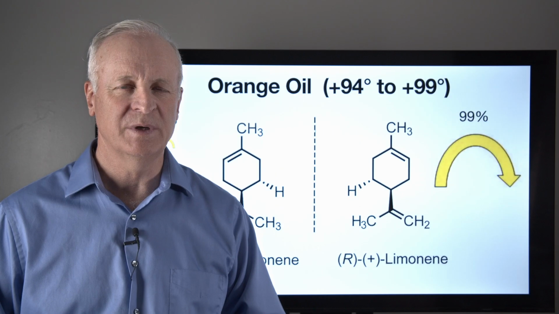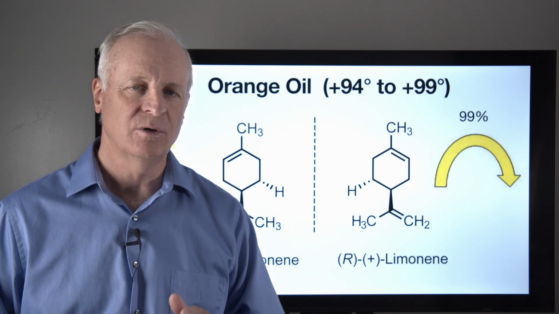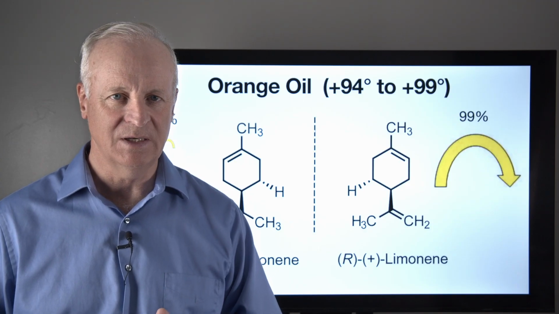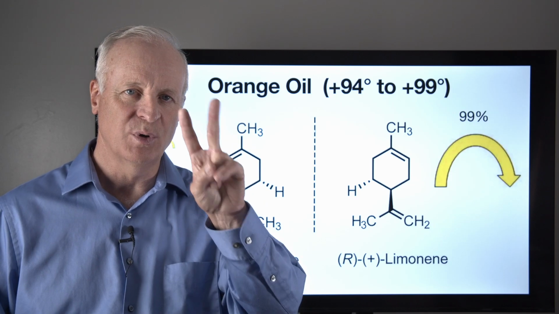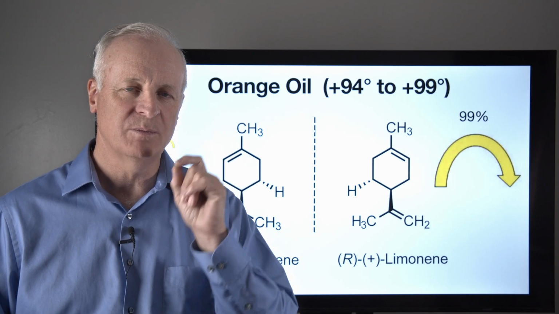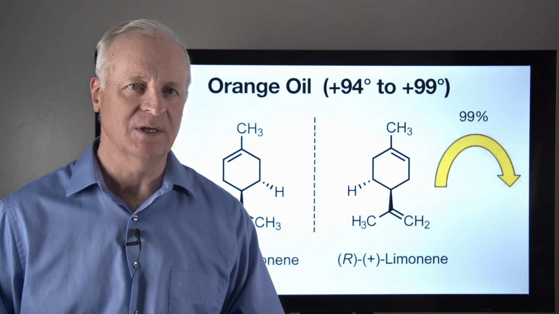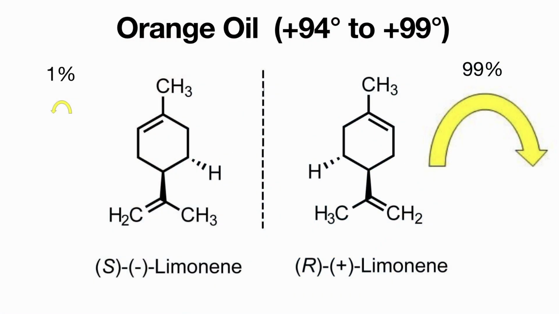Now this happens because in orange oil, we mostly have limonene as a major component. And of those two forms of limonene, the most abundant one is the plus limonene. So when the polarized light hits that, it produces a big shift to the right.